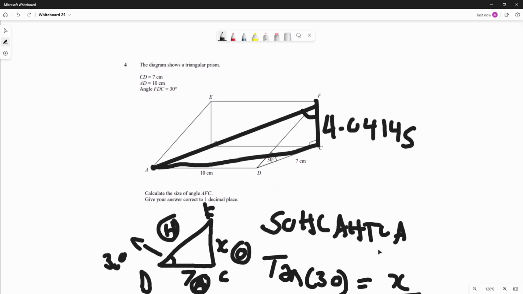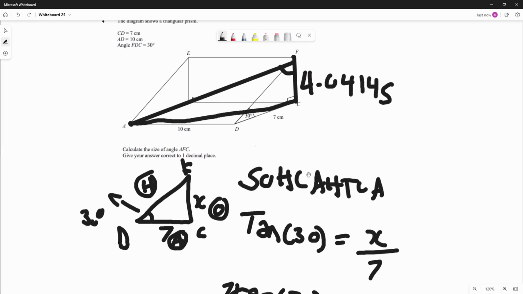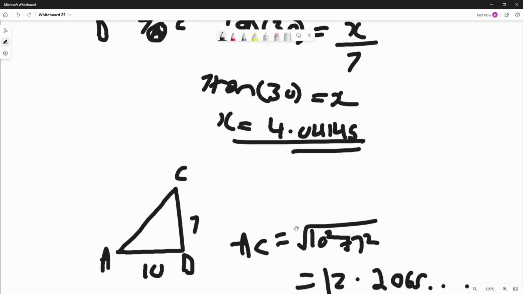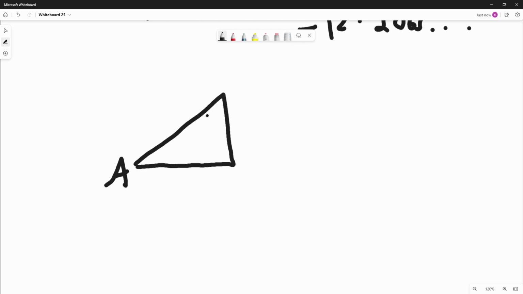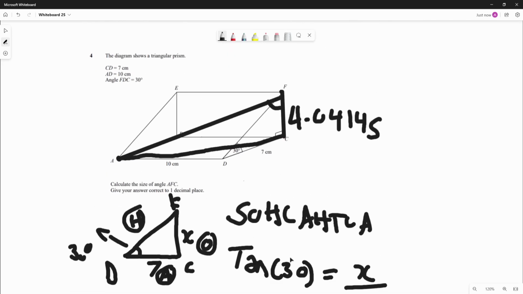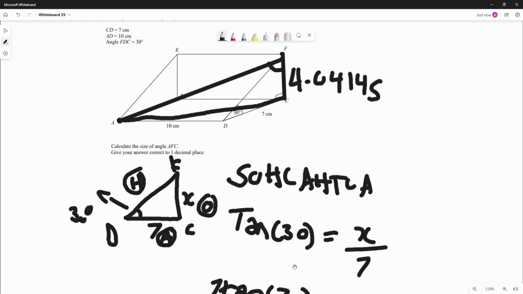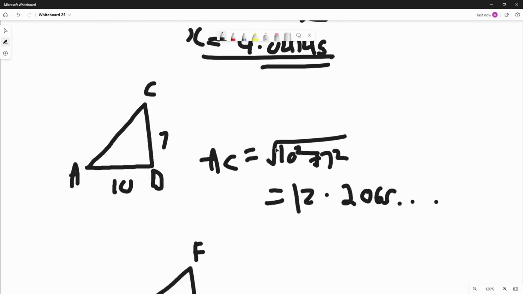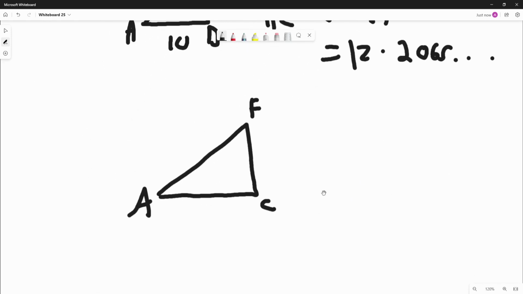What can we do with that information now? Let's draw this triangle, and let's label it as well: A, F, and C. Our opposite is going to be 12.2. Let's do it to 1 decimal place, 12.2.